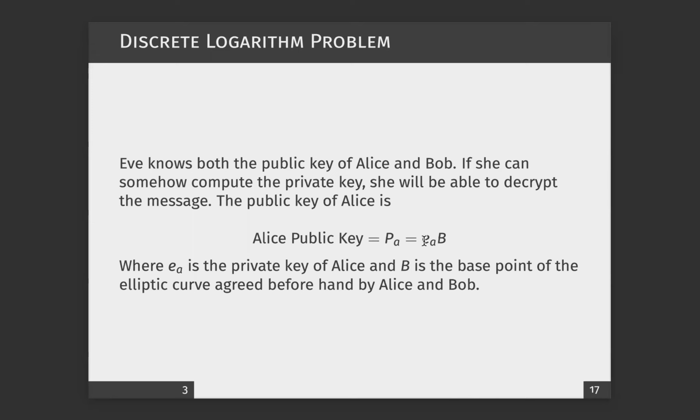But in group theory, the plus sign is known as a multiplication. So if you multiply B to itself 3 times, that's equivalent to B raised to the 3.